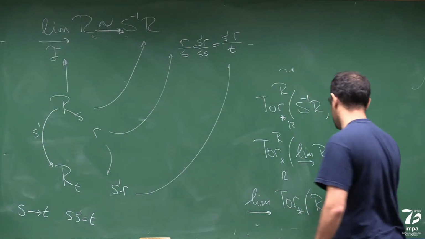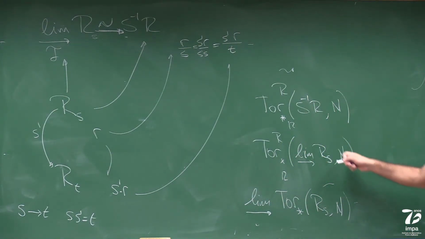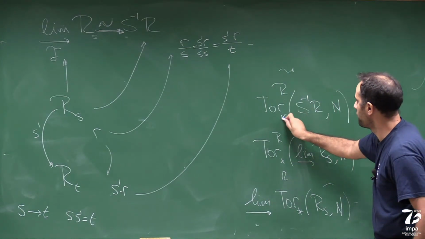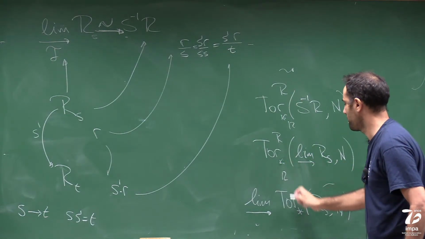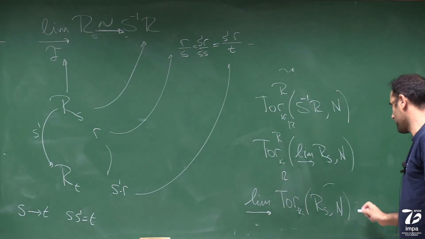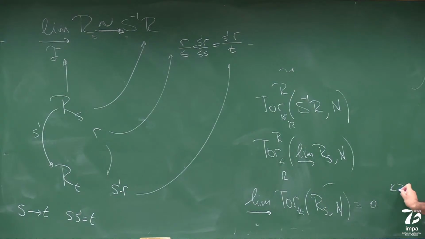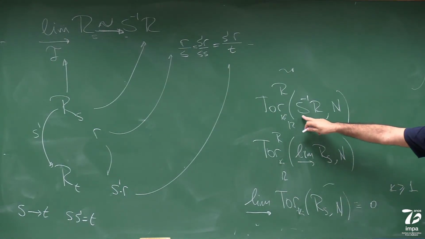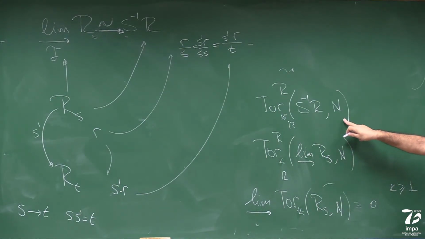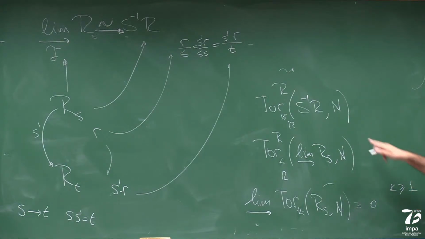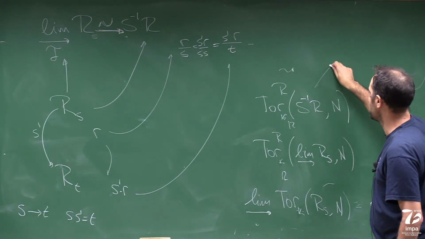But these guys are free. So put now k, and this is equal to 0 if k is bigger or equal than 1, because R_S is free. So that means that Tor from this guy with coefficients in any module is 0 if k is bigger or equal than 1, and therefore that guy is acyclic, therefore this guy is flat.